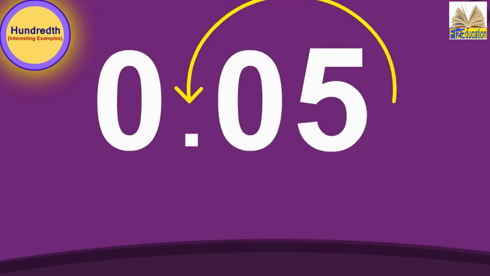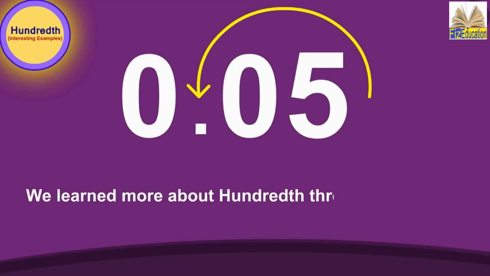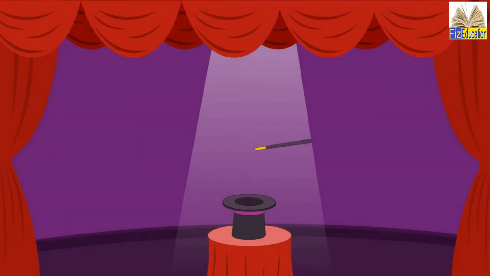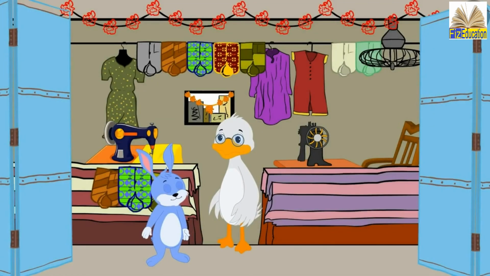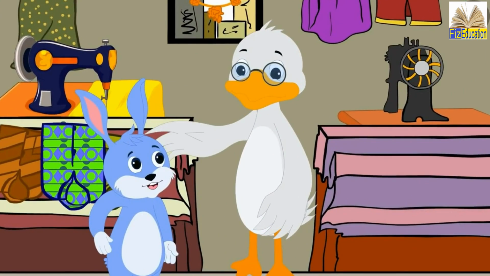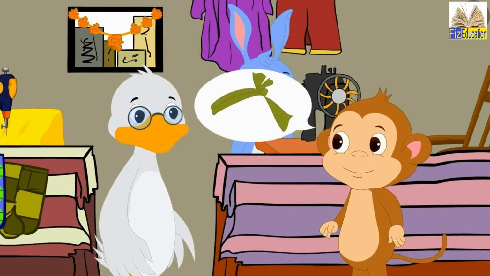Hello children! In the previous video, we learned more about hundredth through some interesting examples. In this video, we will see some of the misconceptions related to this. Bunny has come to help Barbole uncle at his shop today. Babban has come to buy cloth for his scarf from uncle.